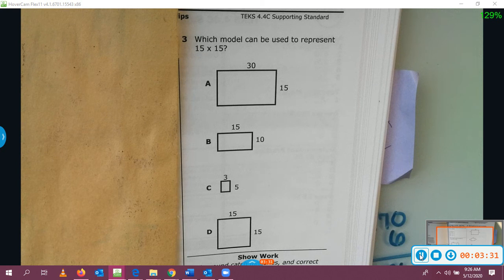Why can we eliminate this one? Correct. Because the 5 needs to be added to the 10 to make that a 15. Then it will go with the problem. So C, same thing. That's 3 times 5. That's what that's representing. And D represents 15 times 15. So keep that in mind as you do your lessons.